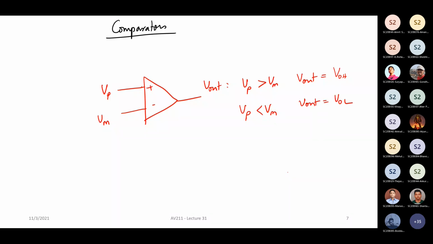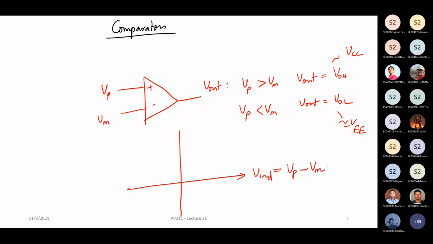Basically, VOH is almost equal to VCC, and VOL is almost equal to VSS or VEE, depending on whichever technology you're using. Let's just stick to minus VEE. Now, if you try to draw the voltage transfer characteristics, let's say this is your differential Vin, given by Vp minus Vm.